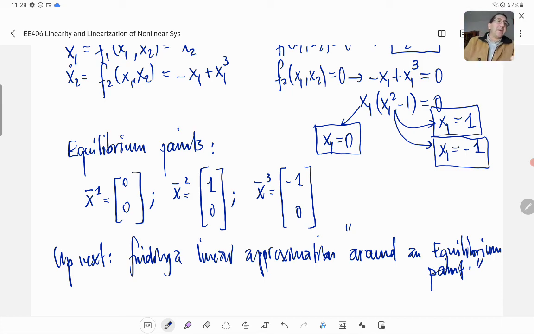Okay, and I'm going to work with the pendulum system.